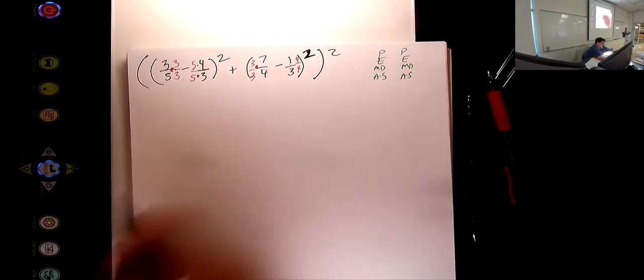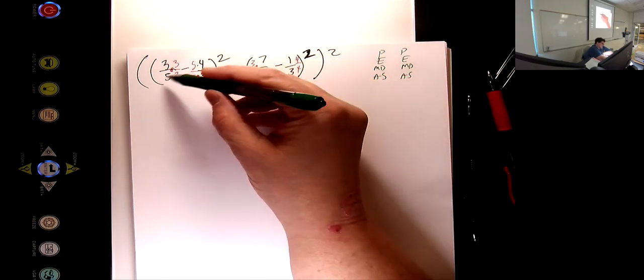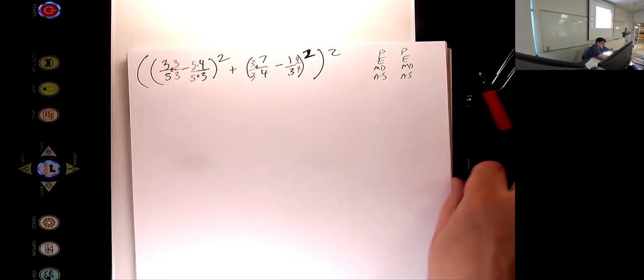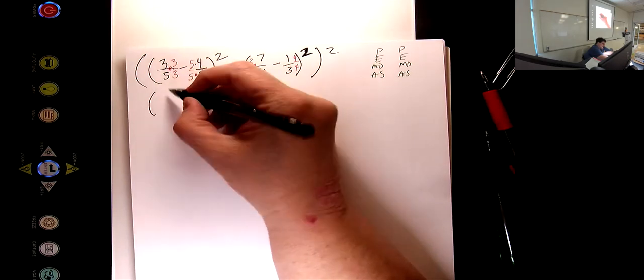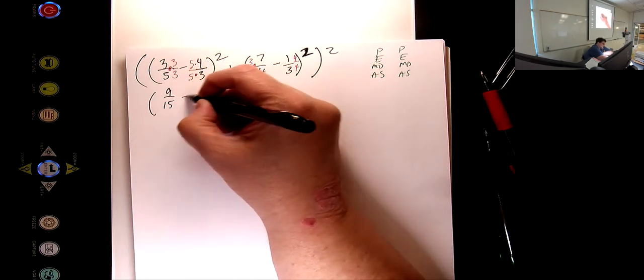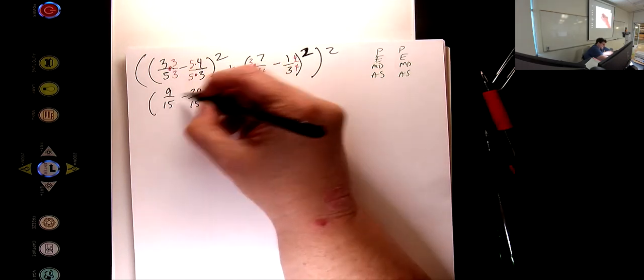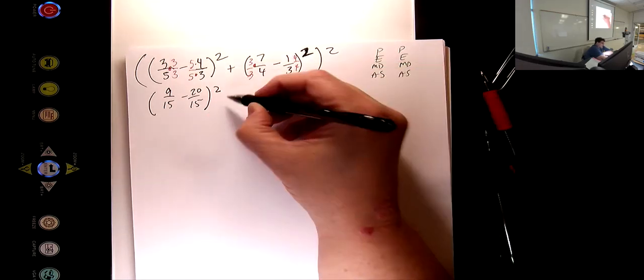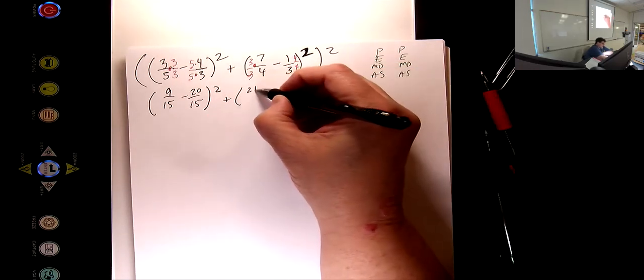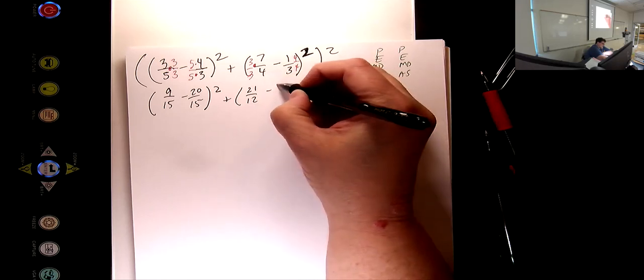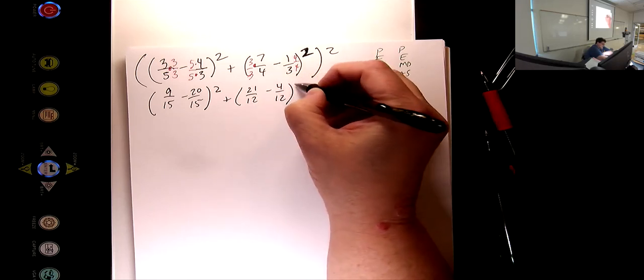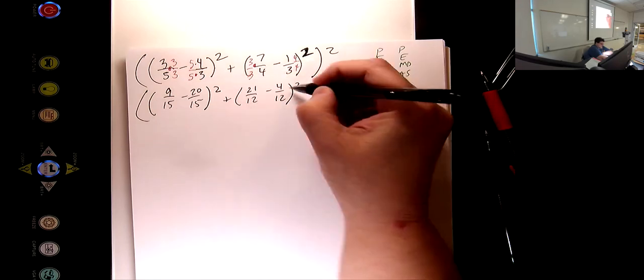And once I put those together, let's do the substep here. I have 9 over 15 minus 20 over 15 squared plus 21 over 12 minus 4 over 12 squared. And that's all in parentheses getting squared.